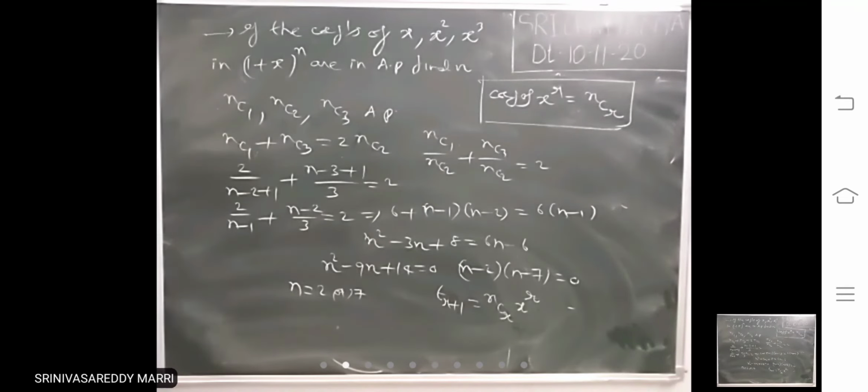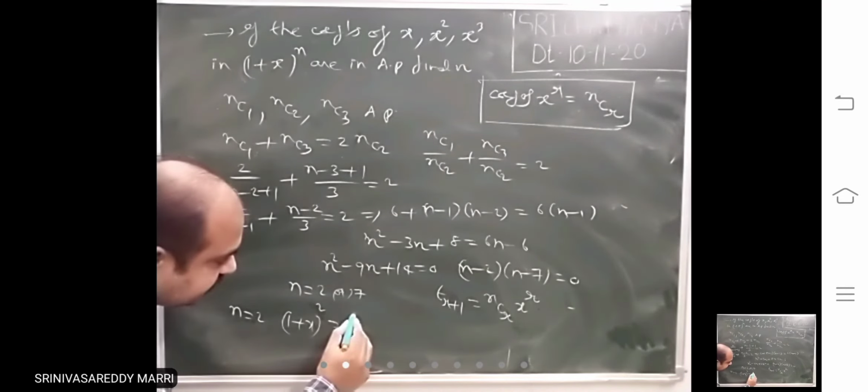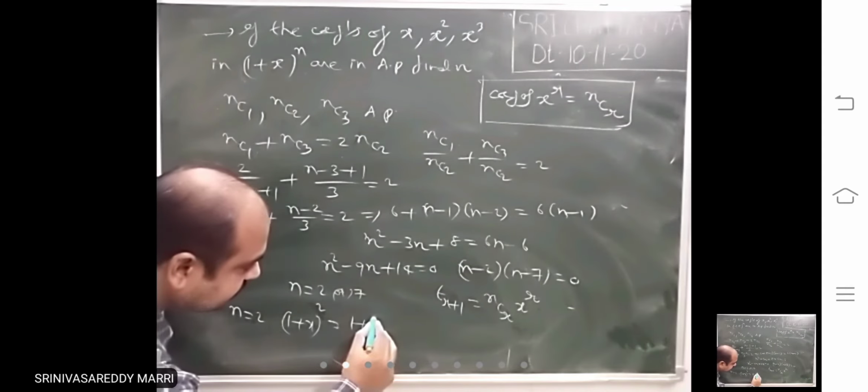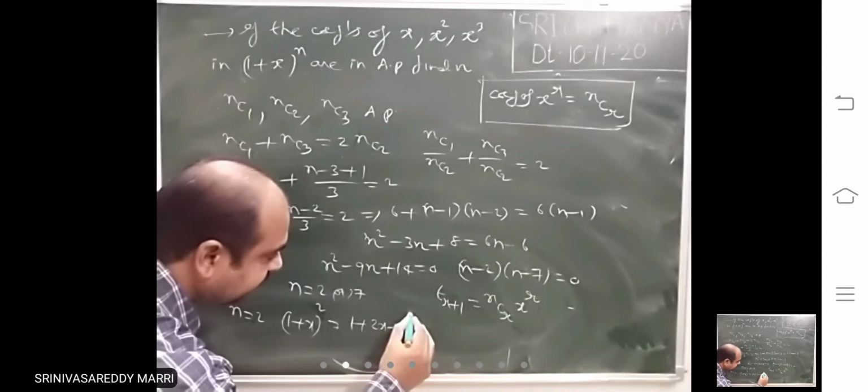So suppose n equal to 2. If n equal to 2, this expansion will become (1 plus x) whole square. In this expansion, there won't be any x cube term. Look at, if you expand this, what you will get? a square plus 2ab plus b square.